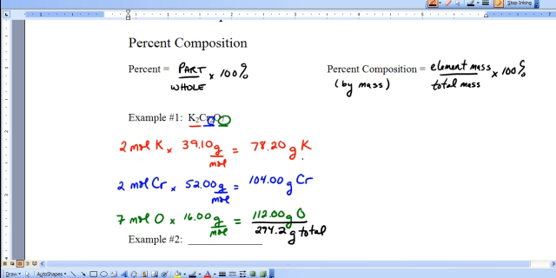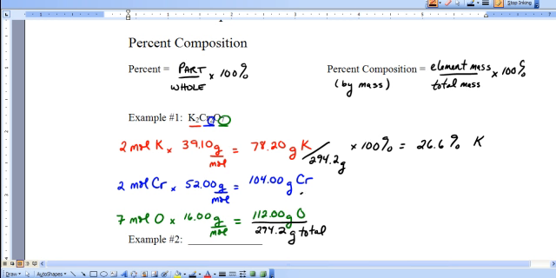So for potassium, it's going to be its part divided by the 294.2 grams total times 100%. So that 78.2 divided by the 294 times 100% is going to be 26.6%. So that is the percentage of that compound by mass of potassium.